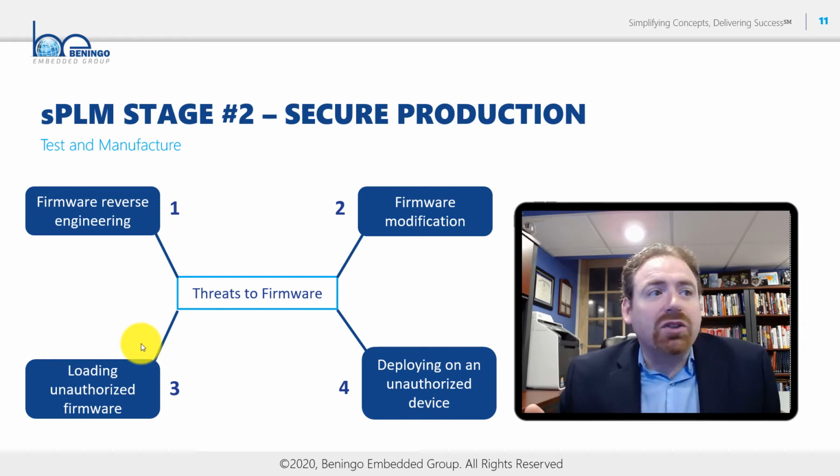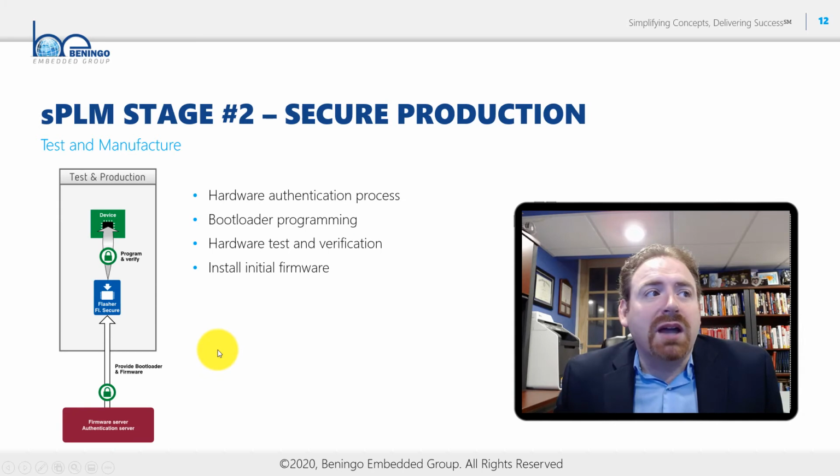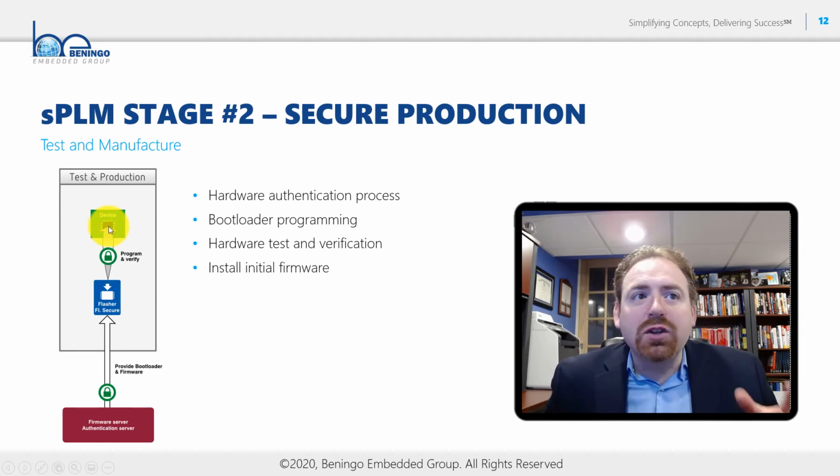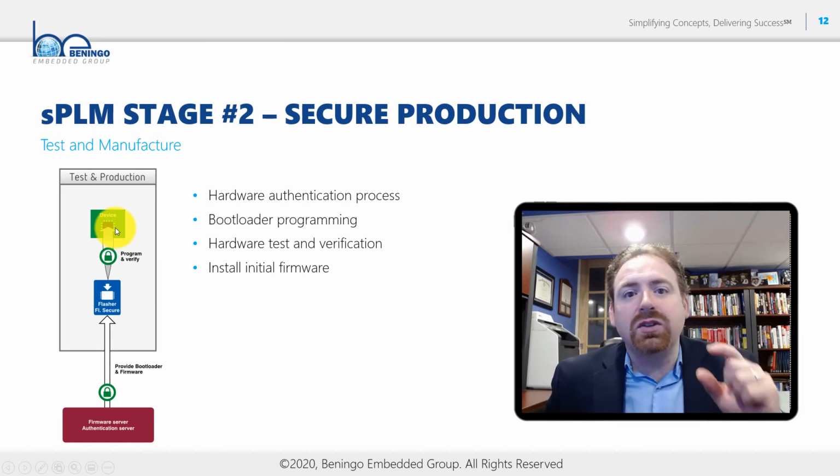And when we start to think about those types of things, this is where we need to make sure that, for example, we have security tokens that can be stored on the actual device. So let's dive in here and talk a little bit about how this can work. So when I go into testing manufacturing, I want to make sure I have a unique ID on my device. My device, the actual microcontroller, has to have a unique ID.